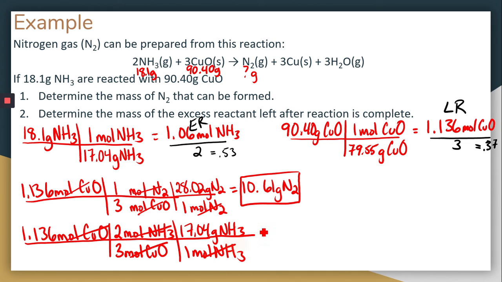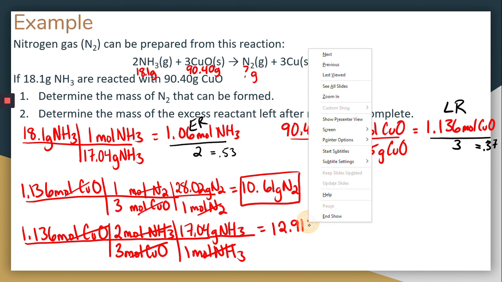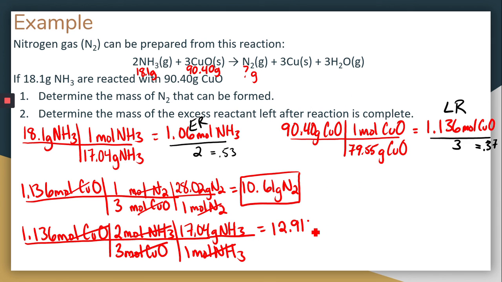So the moles cancel. And then working that problem, times 2 divided by 3 times 17.04. We've used 12.91 grams of NH3. So this is how much we've used. So we have 18.1 grams.